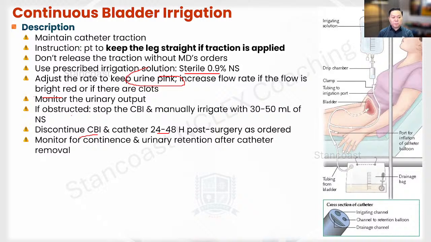Maybe the patient will complain that their bladder is full, that they still need to urinate, or use the bladder scanner in order to determine the retention of urine. So you can do that, okay? Now, another thing is you're going to warn the patient ahead of time about possible burning, frequency, and dribbling after the removal of the catheter. And this is something that is expected, okay?